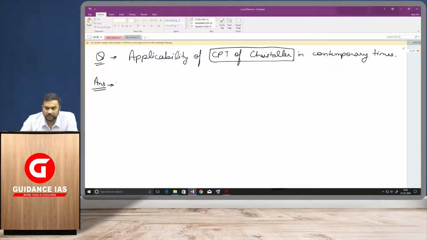And second, if it is not applying fully, because majority of the theories would not apply fully, because they are based upon certain simplifying assumptions, still, we will be finding that the theory would have several important concepts. And those concepts would be applicable and useful.